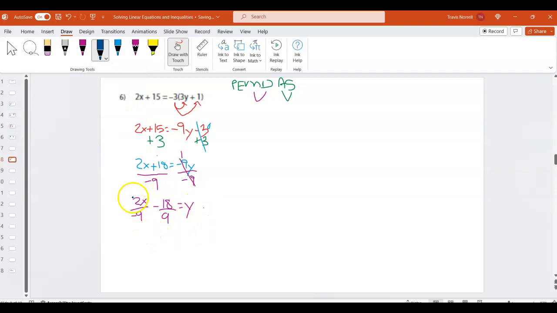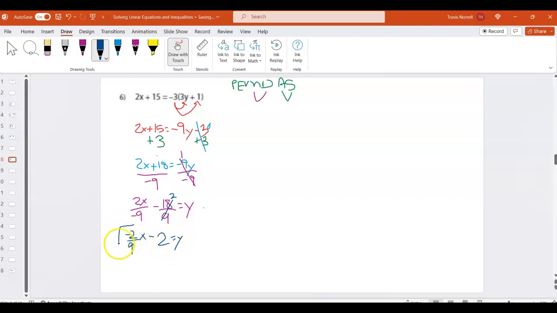So here's where we've got a positive divided by a negative is going to be a negative. I'm going to put the negative sign in the numerator. 2/9 x minus 9 goes into 18 2 whole times equals y.